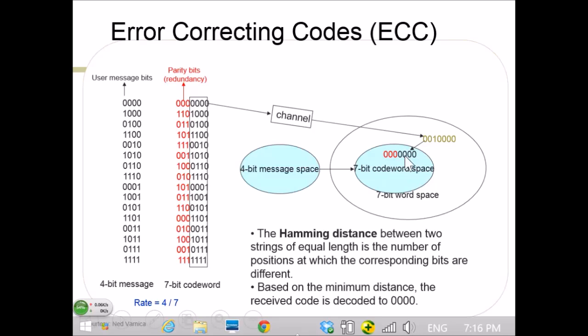In this case, the all zero code word has the minimum Hamming distance, because if you see the other codes, this one requires 4 flips. You can simply XOR the received code word with the valid code word, and 4 flips are needed.